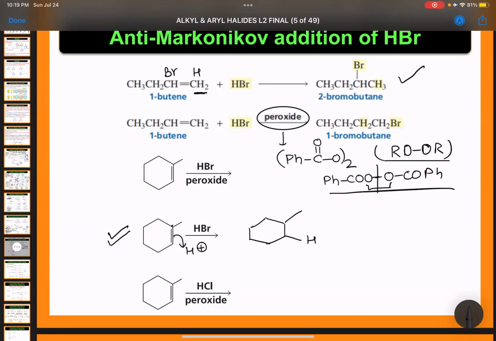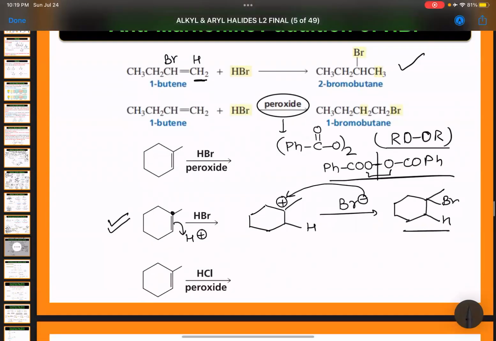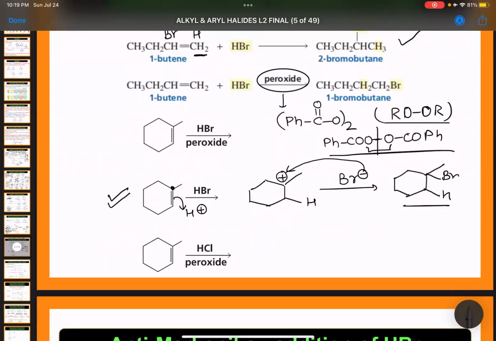The carbocation is going to form on the upper carbon, which is a tertiary carbon. There is no rearrangement which can be done because it is already tertiary, already more stable. The Br minus will go to this carbon. Is it clear? So this is the major product. This is Markovnikov addition of HBr.